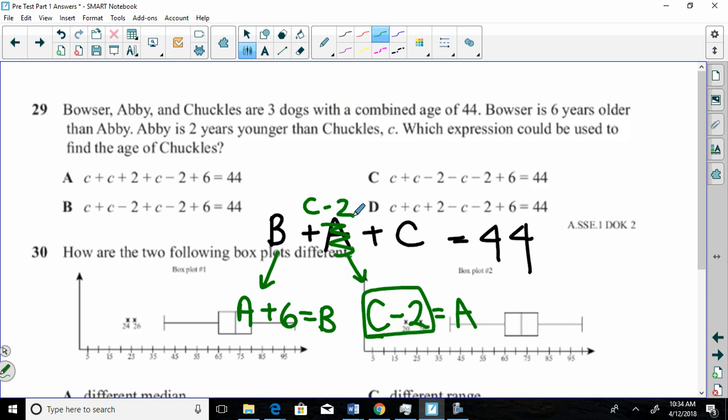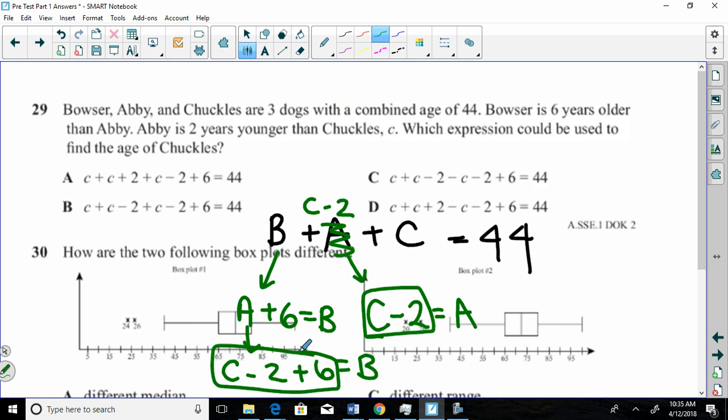And right here, since we already have what A equals, instead of A, what do they want you to put for this A? C minus 2. I just put C minus 2 instead of A. And that's your answer. On your SAT, they would combine like terms.